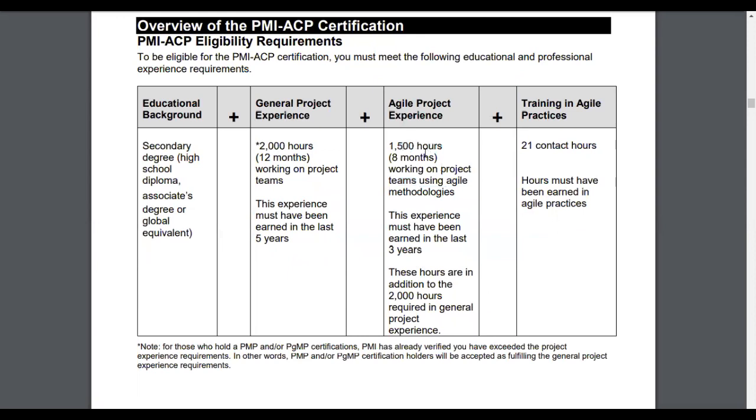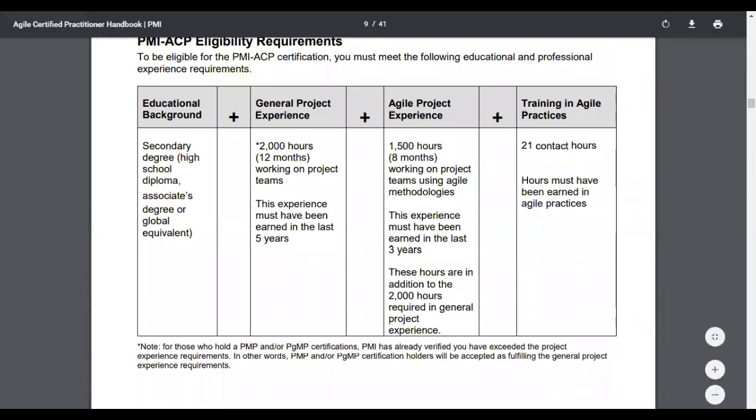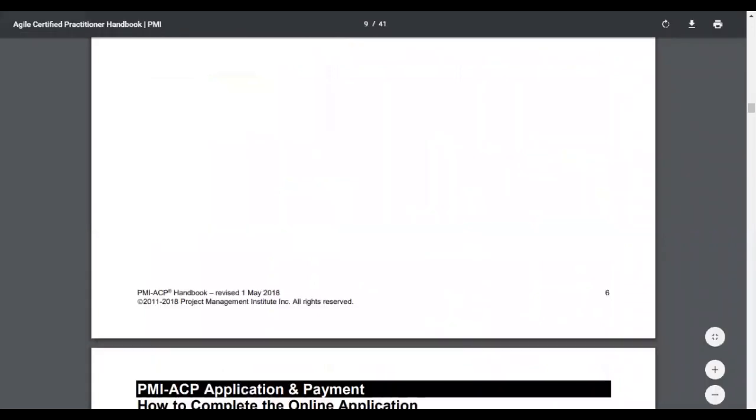My advice to anyone who wants to take this certification and is PMP certified is find Agile projects to work on. Find Agile projects to get your 1,500 hours over a period of 8 months. And with that, plus the 21 hours of training in Agile, you will be good to go for the exam.